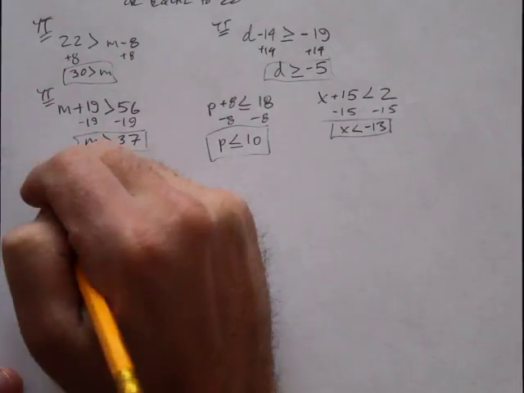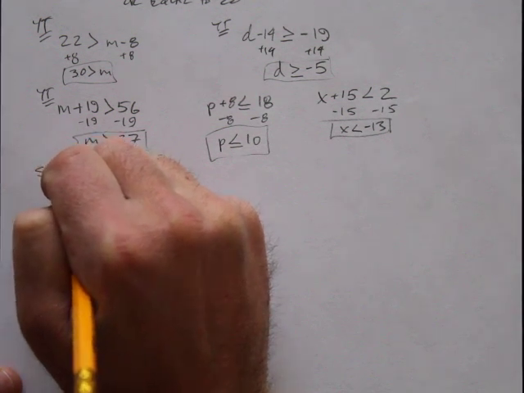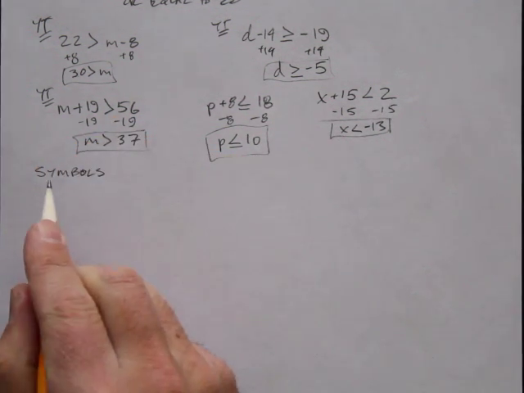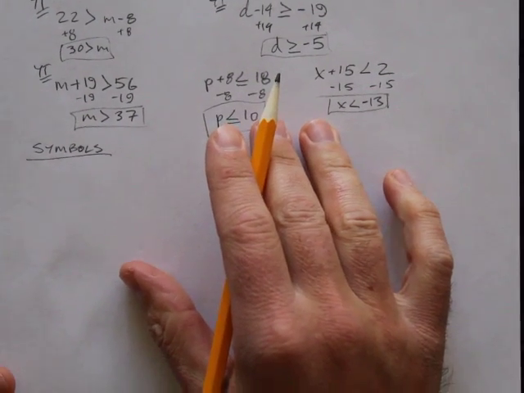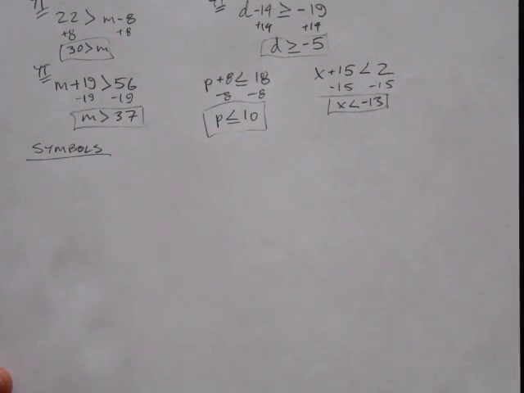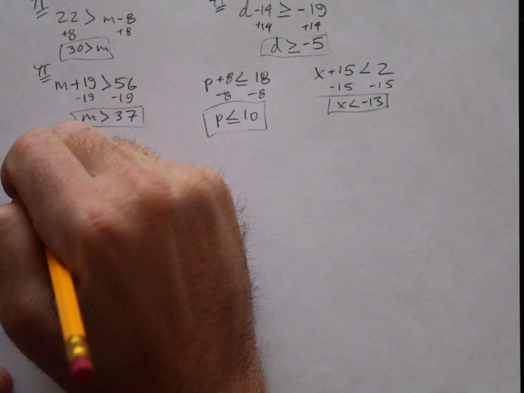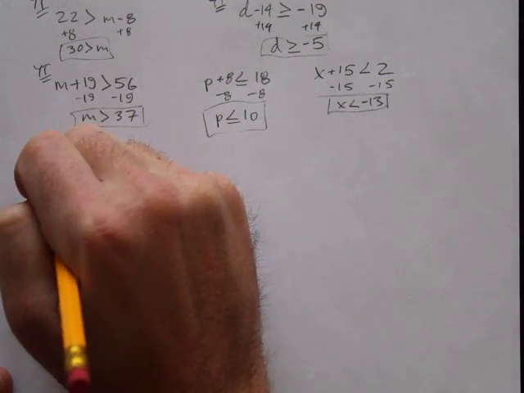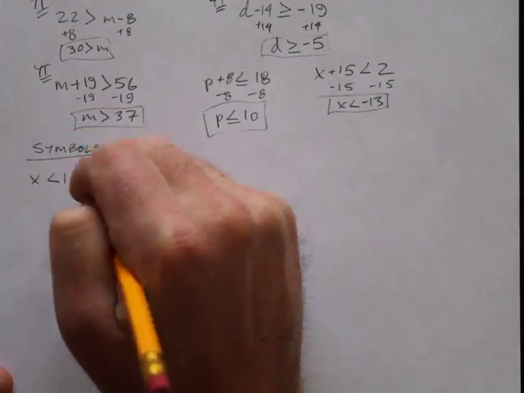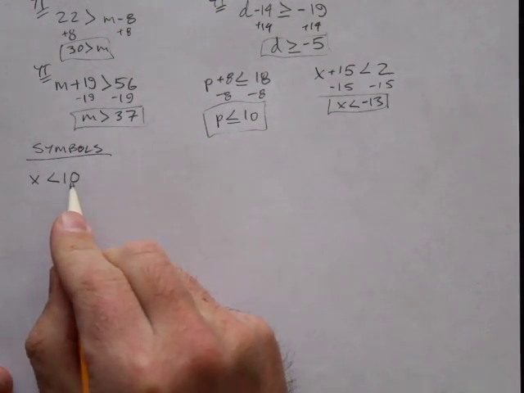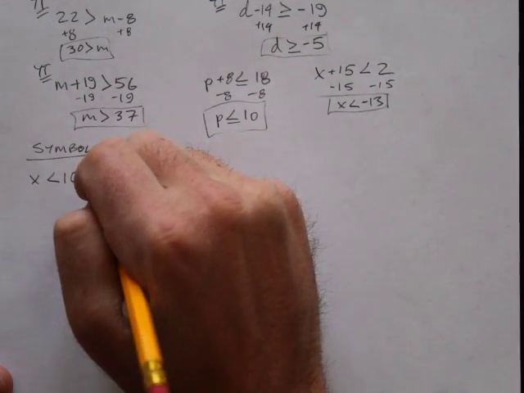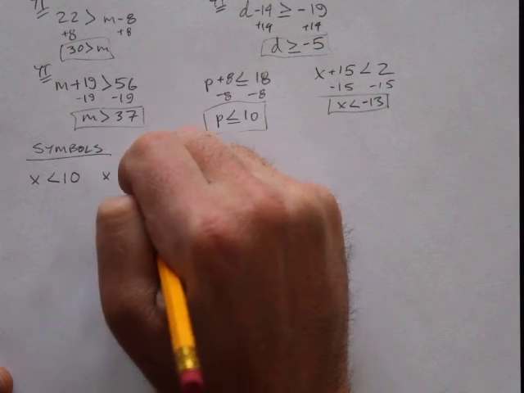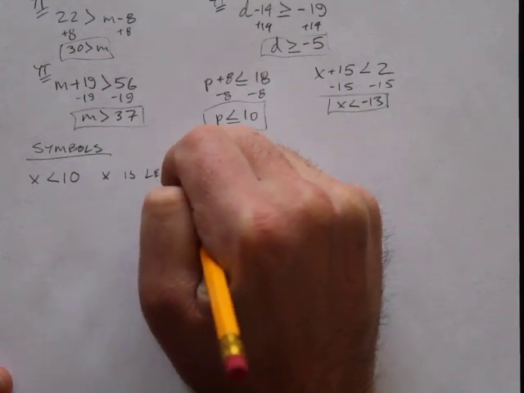Let's keep moving. So here are some symbols that we are going to be using with these inequalities. We're going to have a few examples, and then we're going to write some words. So x is less than 10.